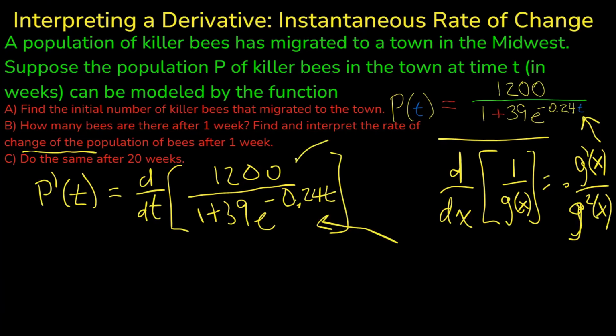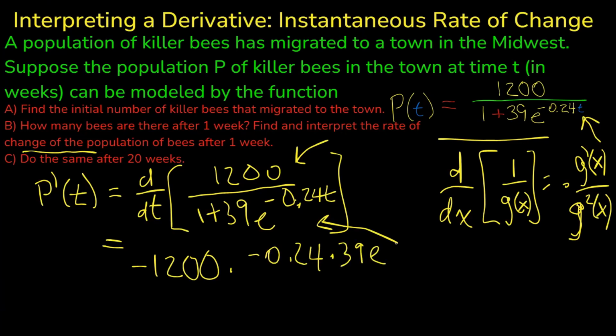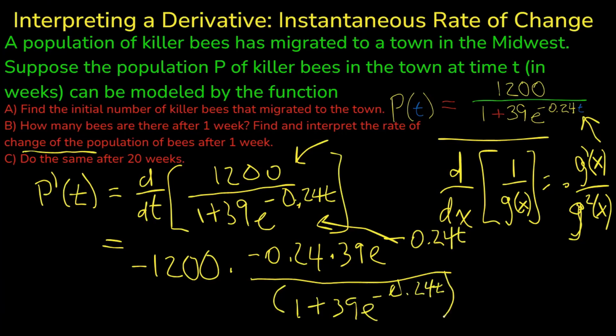In the numerator, you could factor out the 1200. So this would look like negative 1200 times the derivative of the bottom, which is going to be negative 0.24 times 39e to the negative 0.24t all over the bottom squared. Now that can look a little bit sloppy, but you don't have to simplify too much.